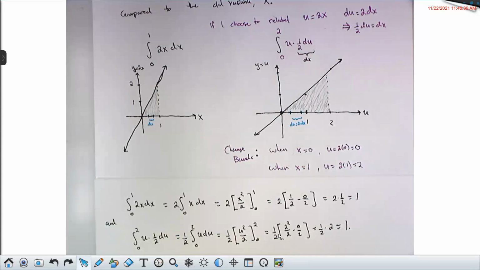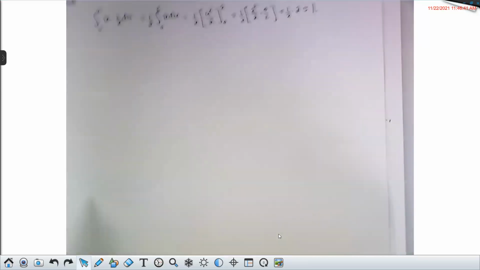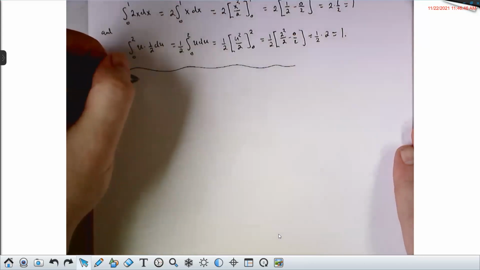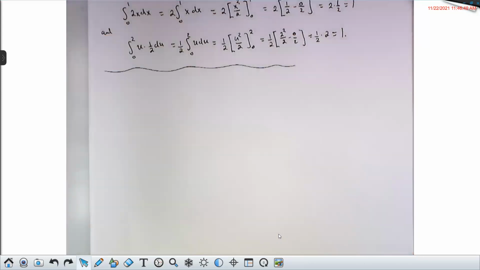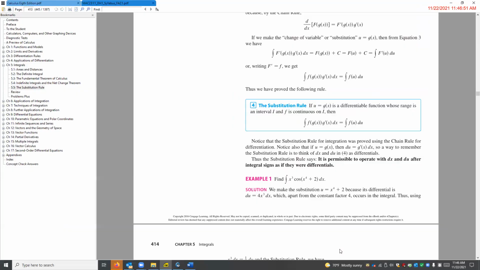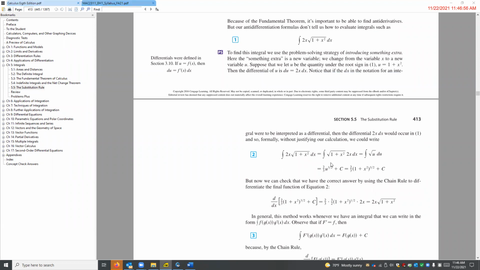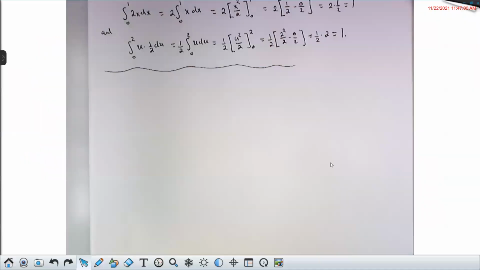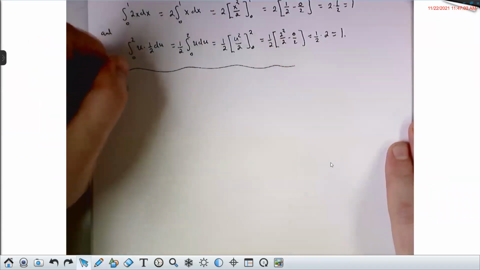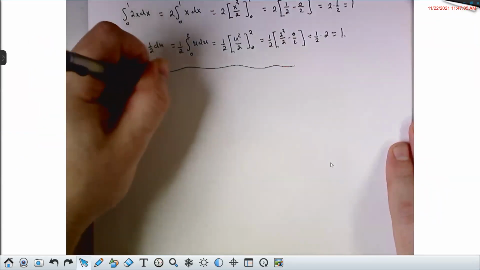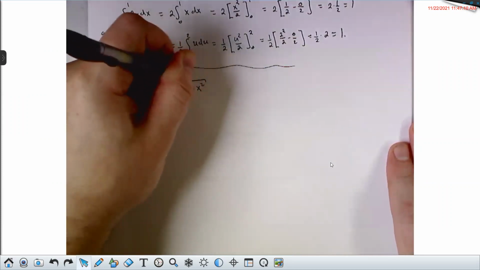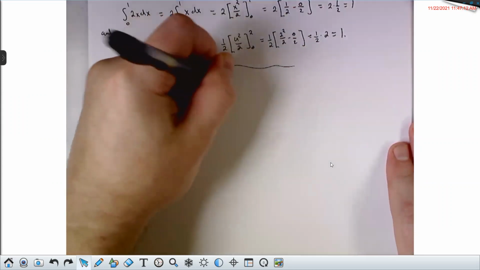Let's return now to our original problem. We wanted to integrate, I think it was given as an indefinite integral, unfortunately. We want to integrate 2x times the square root of 1 plus x squared dx.